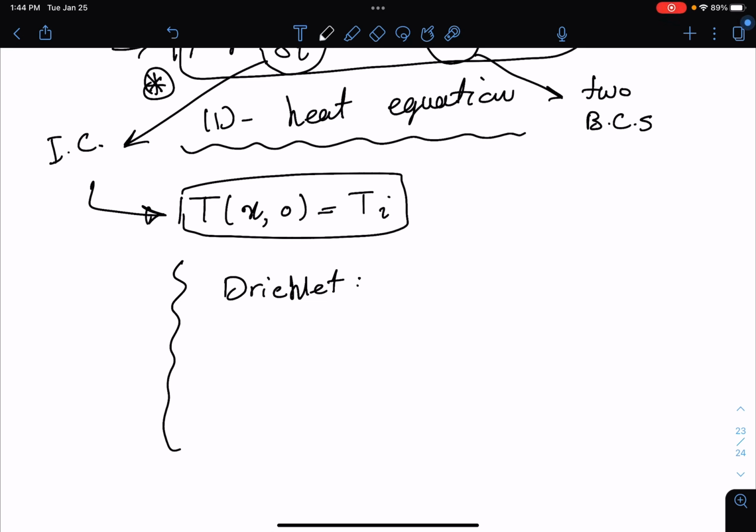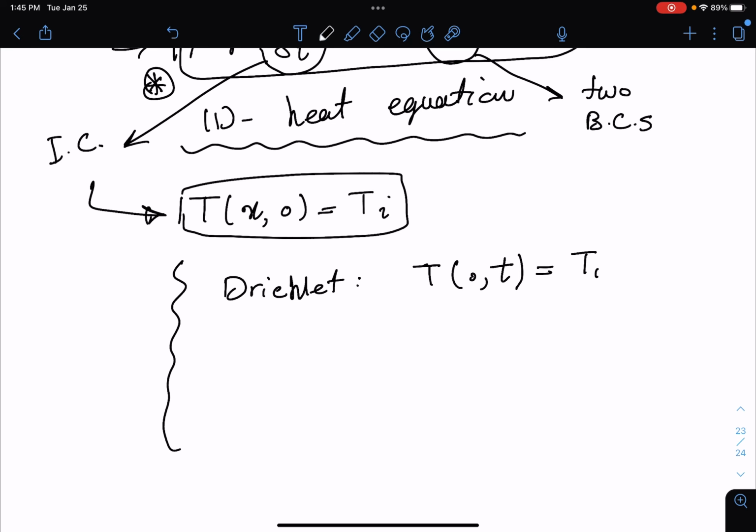A Dirichlet boundary condition is like the initial condition, a surface temperature. So the temperature at a specified x, sometimes 0, sometimes any length, and at any time is T1.